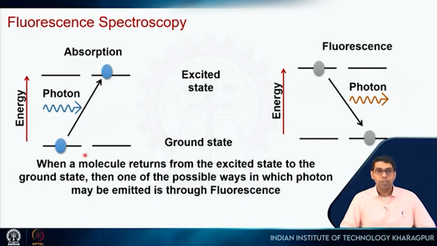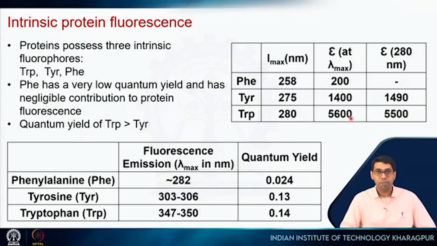It typically turns out that you excite at a shorter wavelength and you emit at a longer wavelength, because this energy will not be exactly this energy. So, you will lose some of the energy and then you get fluorescence. So, typically there is a shift in the wavelength to a greater wavelength, and that is exactly what we use.